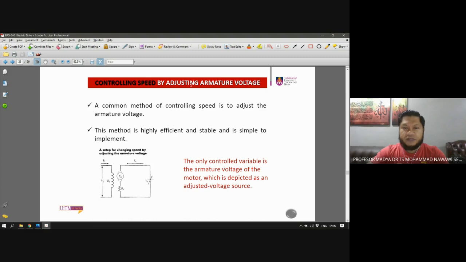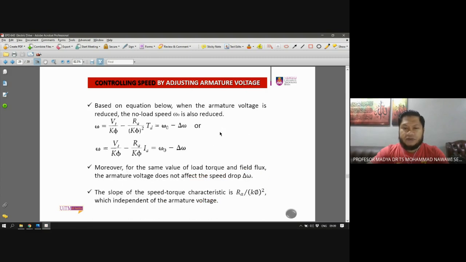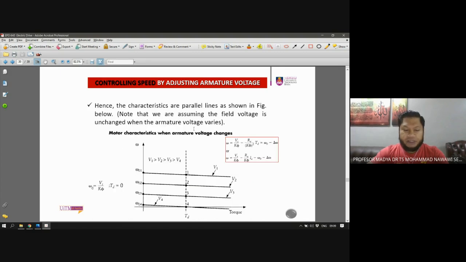And then next we look into adjusting the armature voltage. Right. So in that case we also have a similar equation here, and with that equation we analyze the same constant torque operation. We have only one value of torque, and then we vary V1, V2, V3.